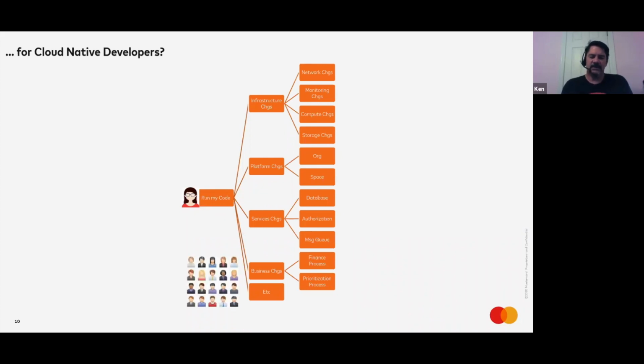When you think about these change boards, they're large boards of individuals from different groups that make up different decision points within the business side or in the infrastructure or platform teams. On the infrastructure side, you're looking at the network teams and the compute, storage and virtualization teams, and the different aspects that make up how you deploy and support infrastructure and make sure the monitoring is in place.